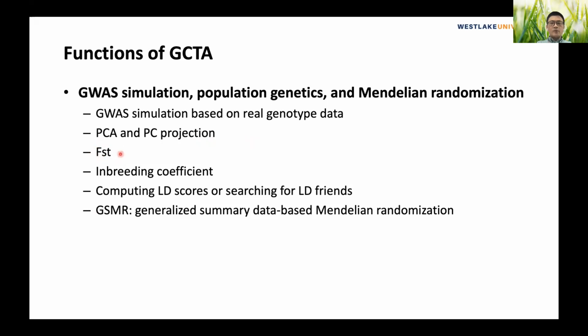And we can also compute FST values for genetic variants, and inbreeding coefficients for the individuals. We can run LD score computing or find LD friends for a given set of variants. We also have a version of GSMR implemented in GCTA to run Mendelian randomization analysis.